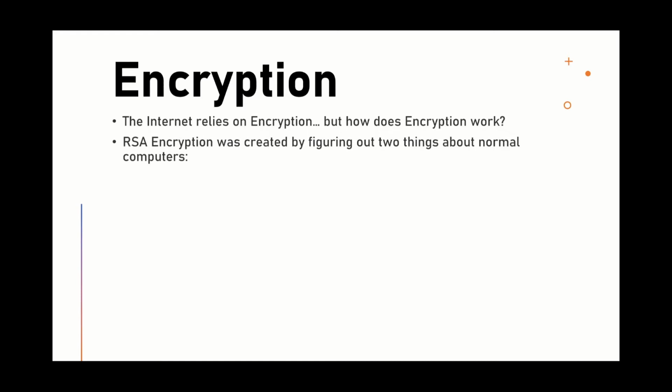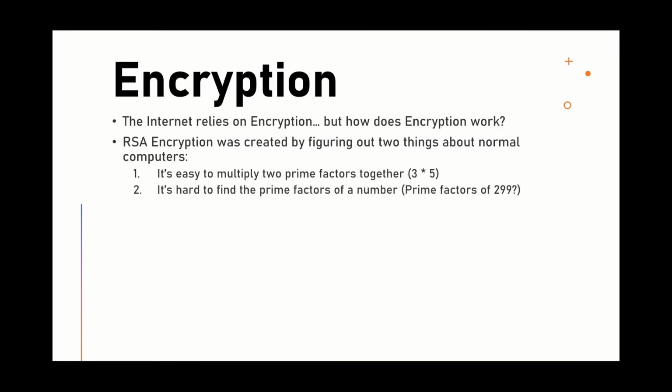was created by figuring out two different things about normal computers. It is easy to multiply two prime factors together for a computer. However, it's hard to find the prime factors of a number given. Even for you, you would say that 3 times 5 is an easier operation than trying to find the prime factors of 299.